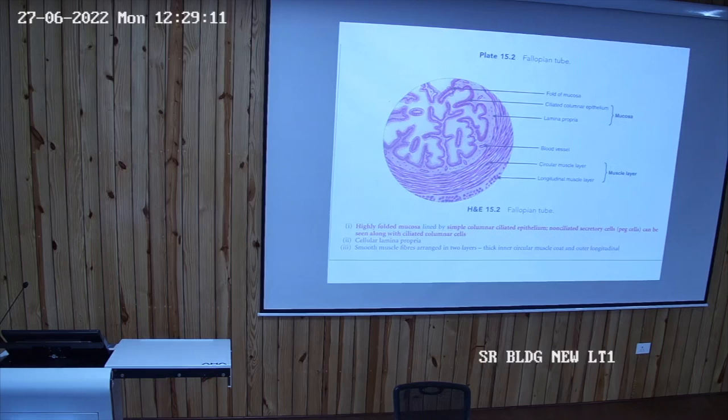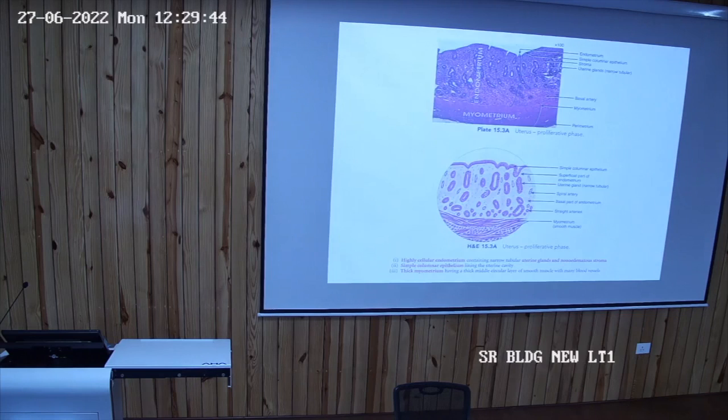Rather, a few are ciliated, a few are not. The non-ciliated cells are the secretory cells. So you will find both types of cells, all columnar, which may be ciliated or non-ciliated.